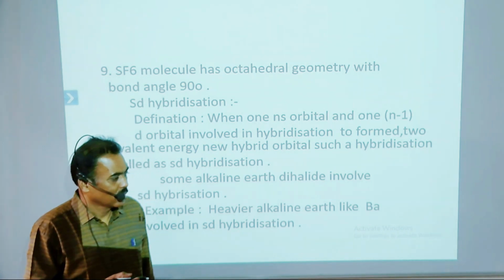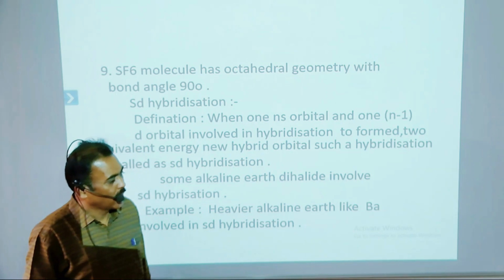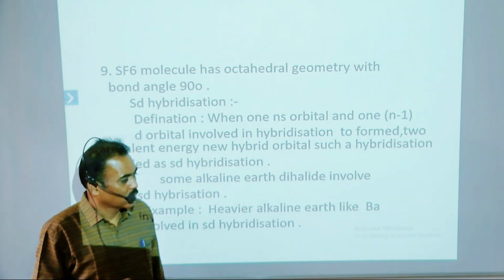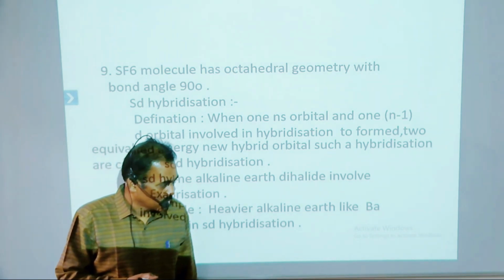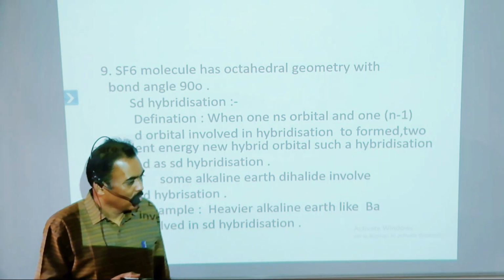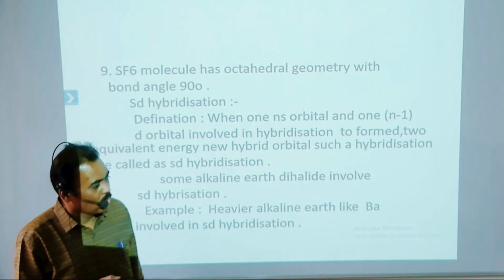Then another type of hybridization is sd hybridization. The definition of sd hybridization is when one s orbital and one (n minus 1) d orbital are involved in hybridization to form 2 equivalent-energy new hybrid orbitals.